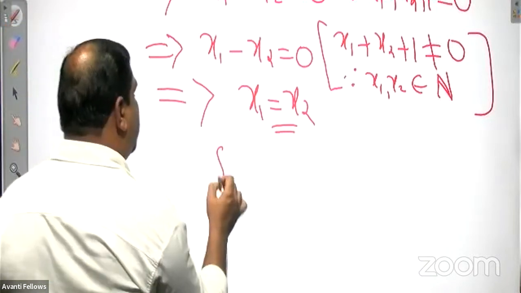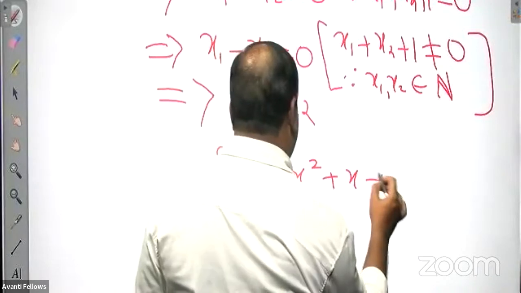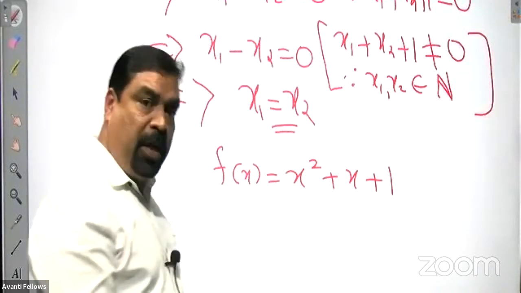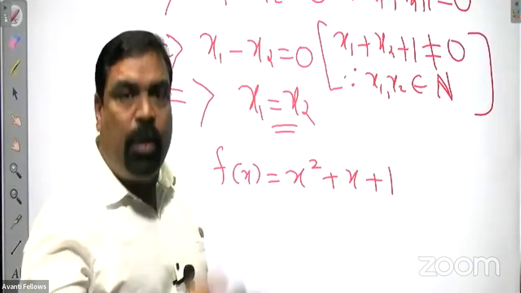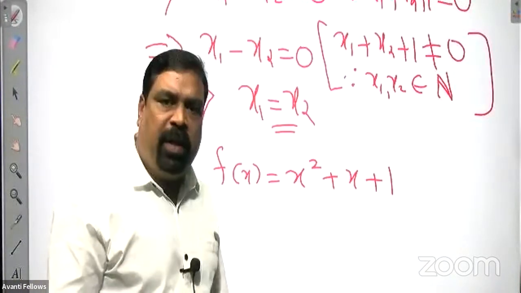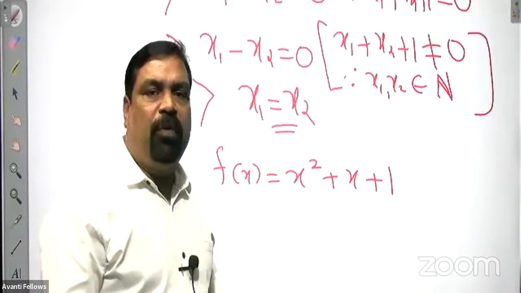The function is f of x equal to x square plus x plus 1, and it is a function from natural numbers to natural numbers, N to N. So we have to show that it is not onto.